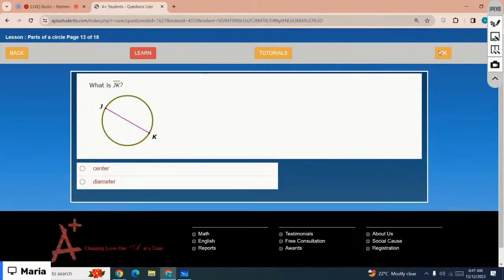What is JK, center or diameter? The correct option is JK is the diameter.